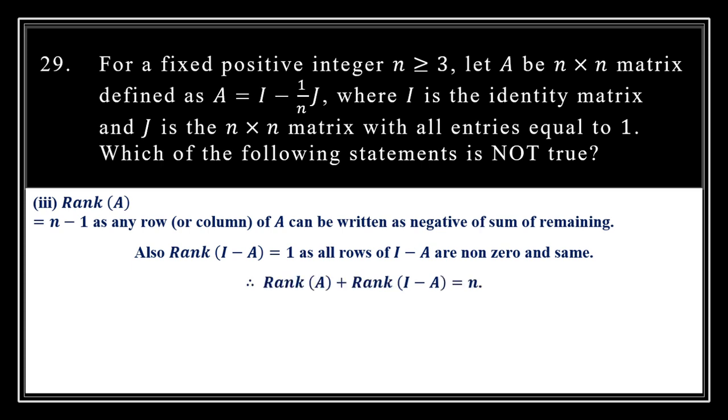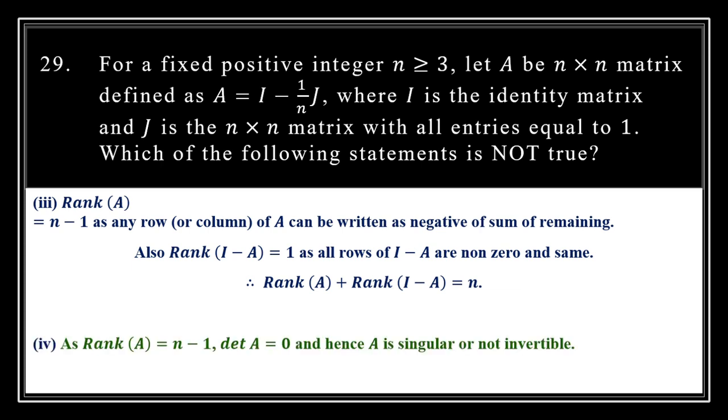So rank of A plus rank of I minus A becomes n minus 1 plus 1 is equal to n. And fourth is, as the rank of A is equal to n minus 1, determinant of A becomes 0, and hence A is singular or non-invertible. So only option D is not true and all the remaining options are true.